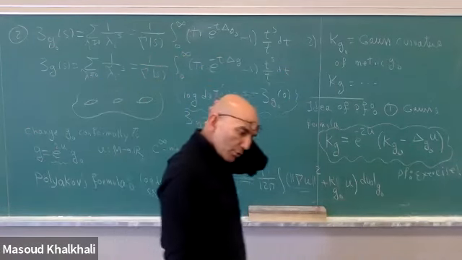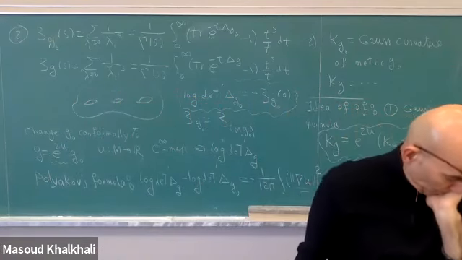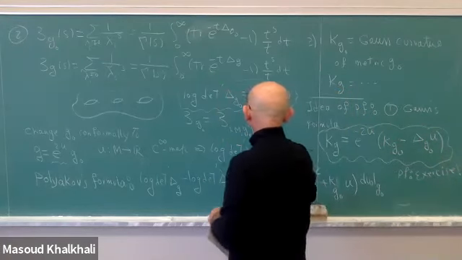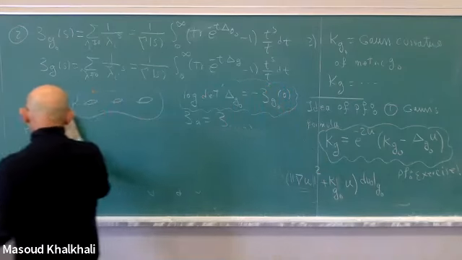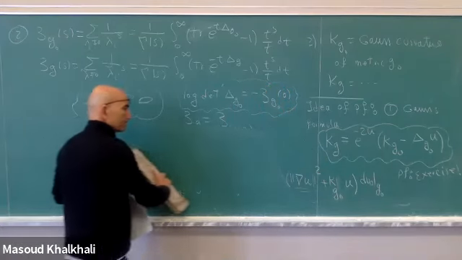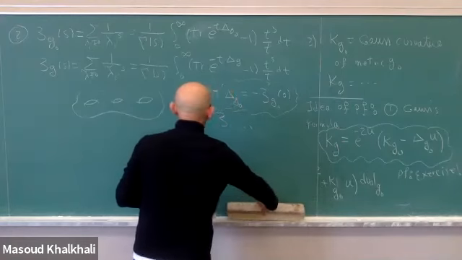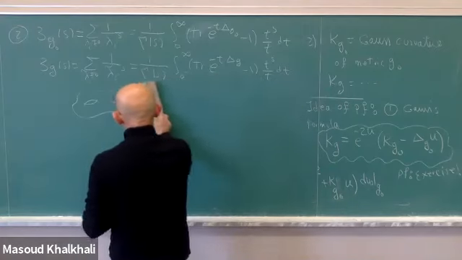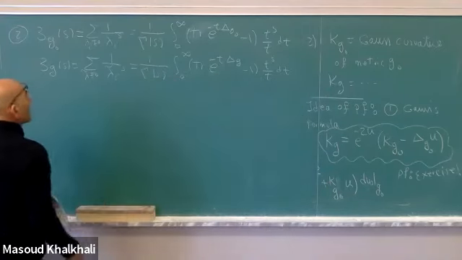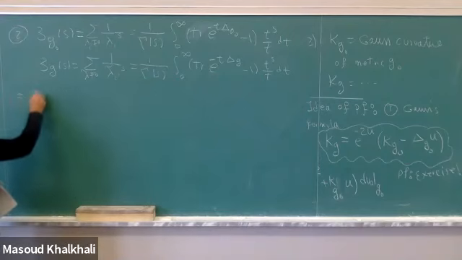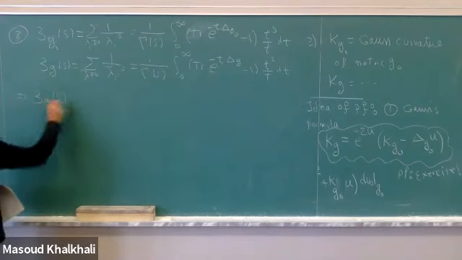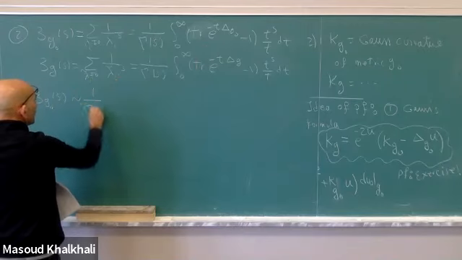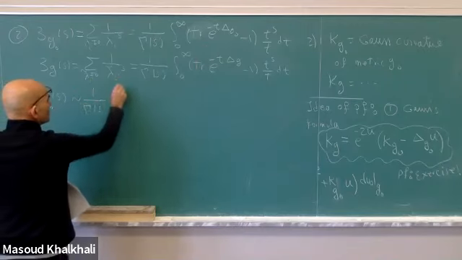But then we can use the asymptotic expansions. The asymptotic expansions tell us that we get zeta G0 of s. If you expand it like this, you get 1 over gamma s, integral 0 to infinity.